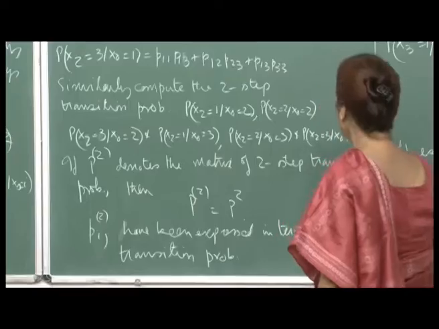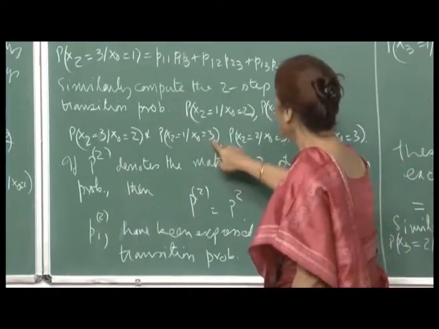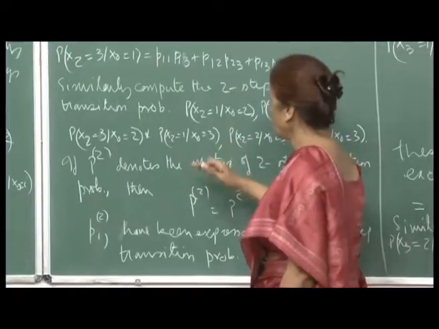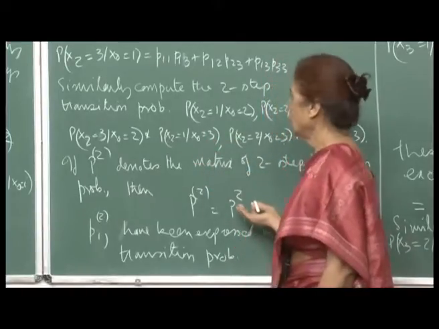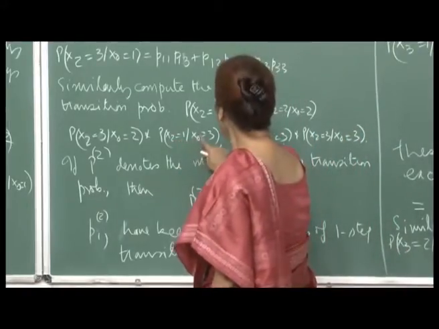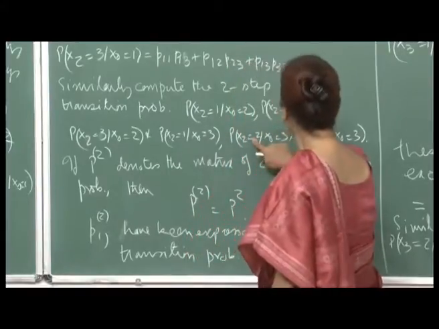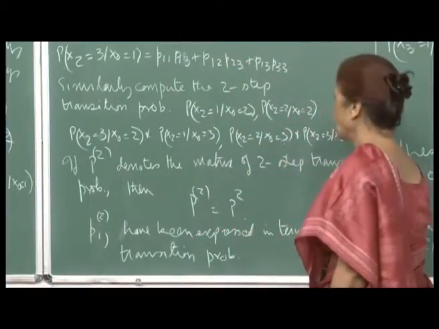And then finally, X_0 equal to 3. Because you do not know, you could be in any of the 3 states at the beginning of the process, so with X_2 equal to 1, you are transitioning to 1 from 3 in 2 steps, from 3 to 2 in 2 steps, and from 3 to 3 in 2 steps, right.